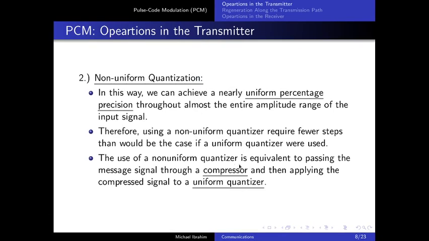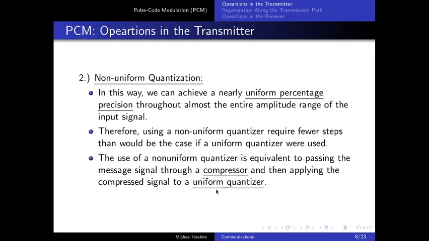So the use of a non-uniform quantizer is equivalent to passing the message signal through a circuit that we call a compressor, and then applying this compressed signal to a uniform quantizer. So actually, the non-uniform quantizer is a circuit called a compressor followed by a uniform quantizer.